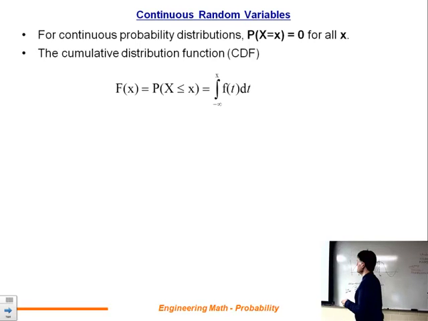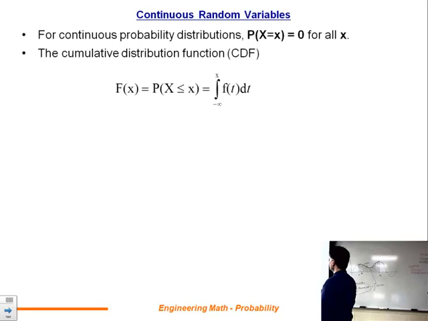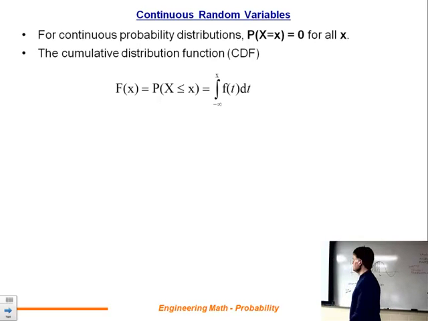So here's what we can do. We can ask, for any value x, what's the probability that the variable is less than or equal to x? And when we do that, we're going to get a particular probability. And as x increases, this probability should get larger, right? Okay.